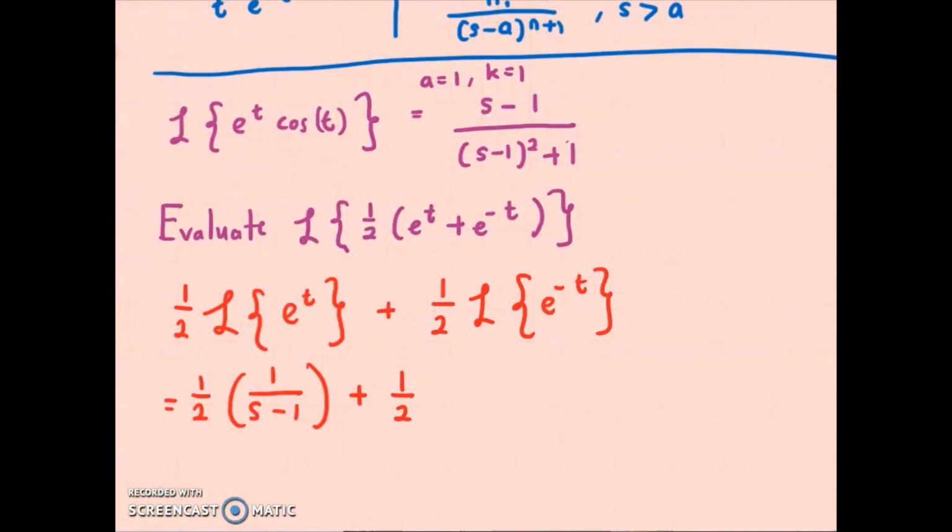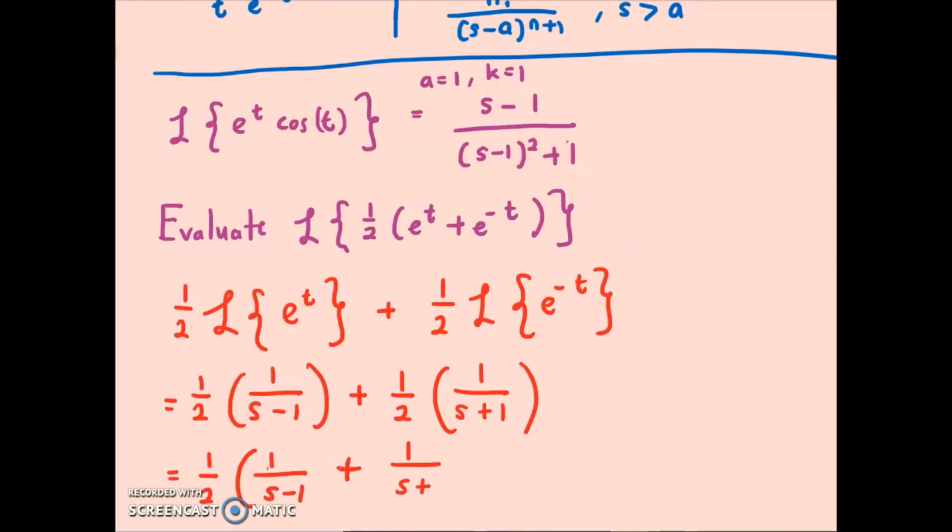Therefore, my Laplace transform is given by half of (1 over s minus 1 plus 1 over s plus 1), or you can write it the other way around, that's okay. Okay, that's your final answer.